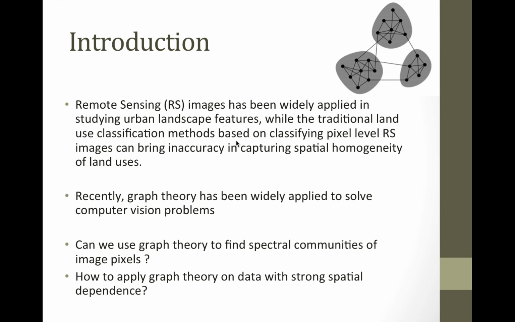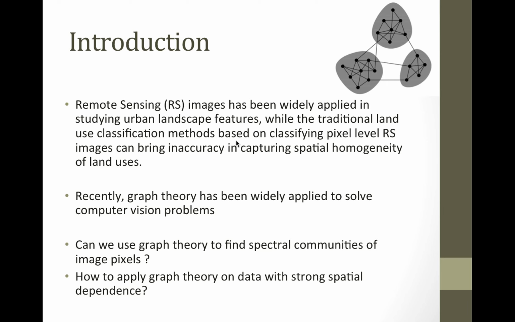So recently, graph theory has been widely applied in solving computer vision problems, and I'm wondering if I can use some graph theory to find the spectral communities of image pixels and then classify them into different land uses. So here there's a problem.